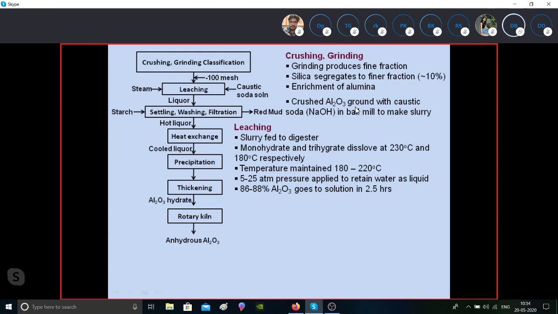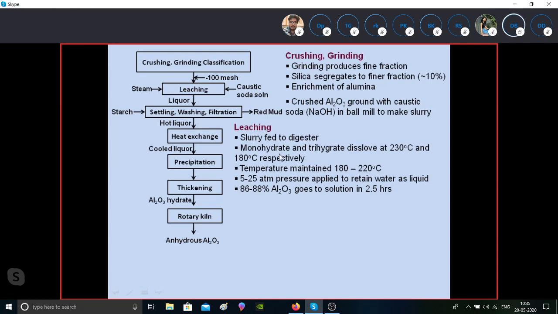This also makes a slurry which we will treat in the next stage, because leaching is not in an all solid state, it is in the liquid stage. Now this slurry is transferred into my leaching vessel.